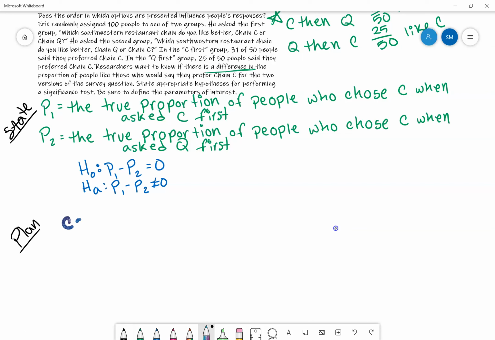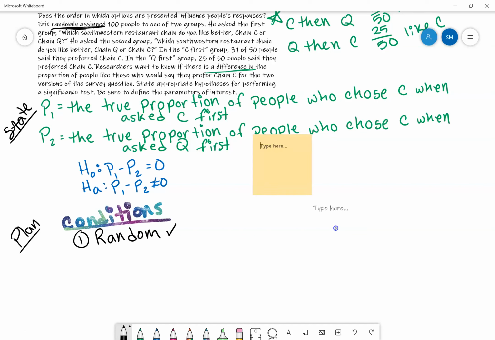Okay, so we're going to check those conditions. So the first condition. Is it random? So right here it says randomly assigned.